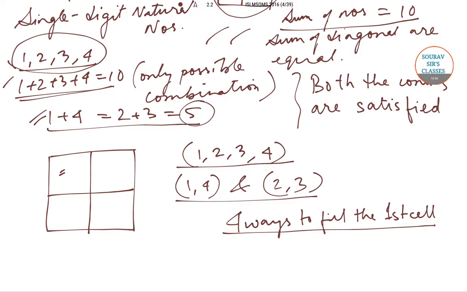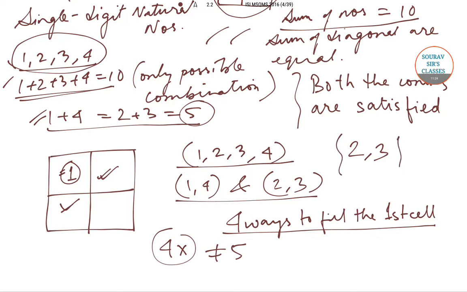So suppose we take the value 1 over here, then the adjacent cells cannot take the value 4, since the sum of the diagonal elements will not be equal to 5. So the only numbers that these 2 adjacent cells can take are from the set 2 and 3. So basically, to fill the adjacent cell, we have 2 ways.